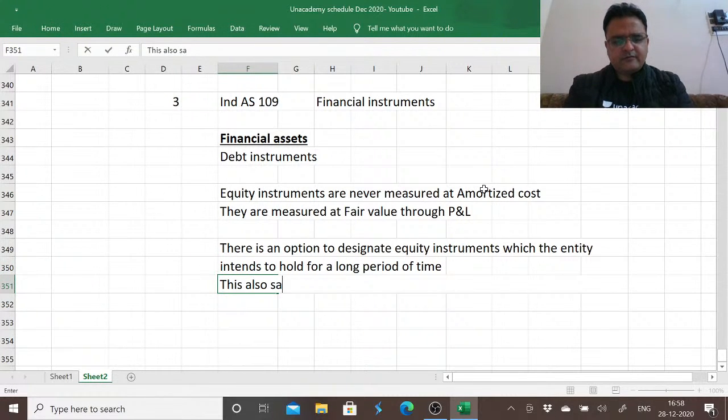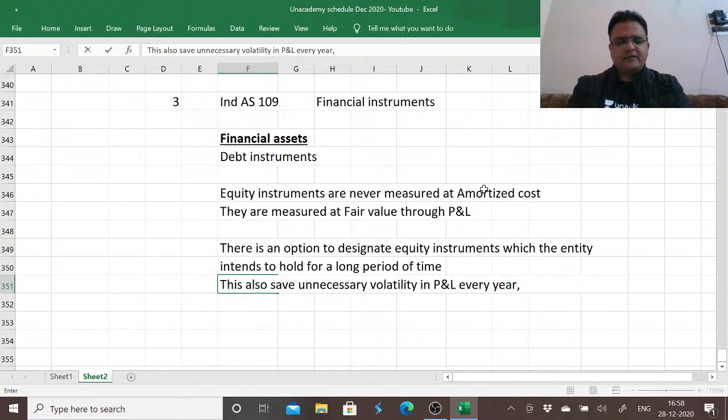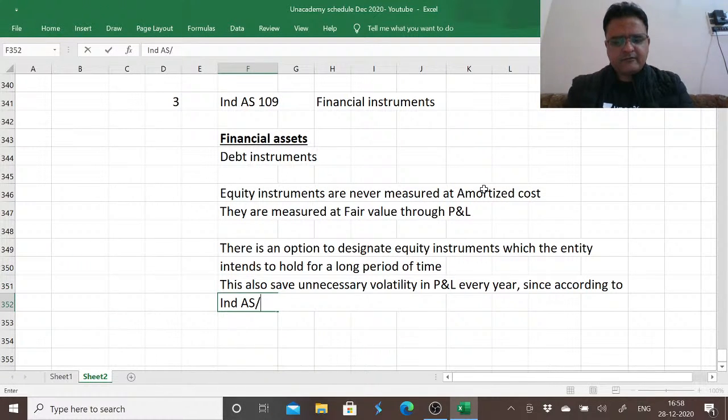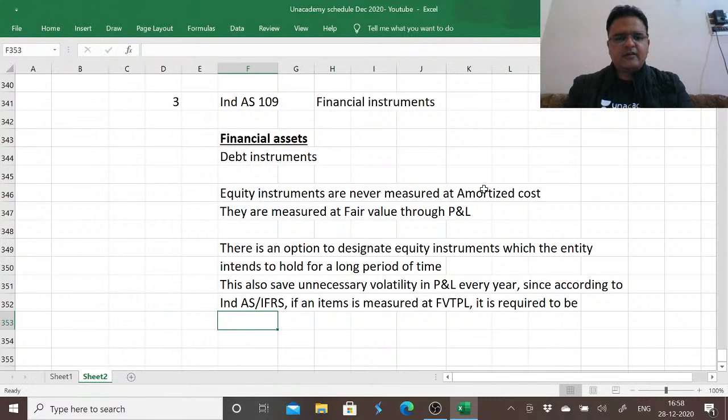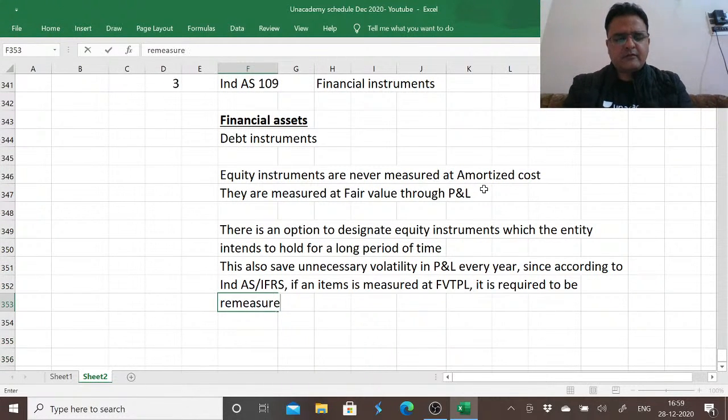This also saves unnecessary volatility in P&L every year, since according to Ind AS or IFRS, if an item is measured at fair value through P&L, it is required to be remeasured on each reporting date and the difference taken to P&L.